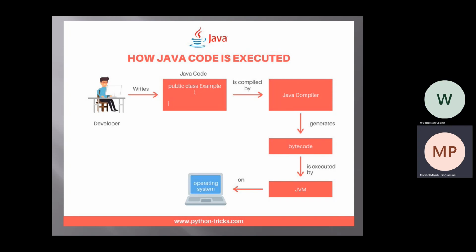What is the next step? The next step is something called the JVM, or Java Virtual Machine. It will receive this bytecode from the Java compiler and convert it to the machine code. Machine code is a combination of zeros and ones, because this machine is just a stupid machine that understands only electricity, whether it's connected to electricity or not. This is referred to by 0 and 1.